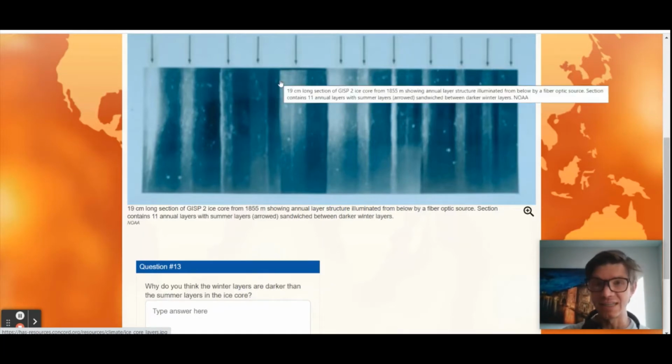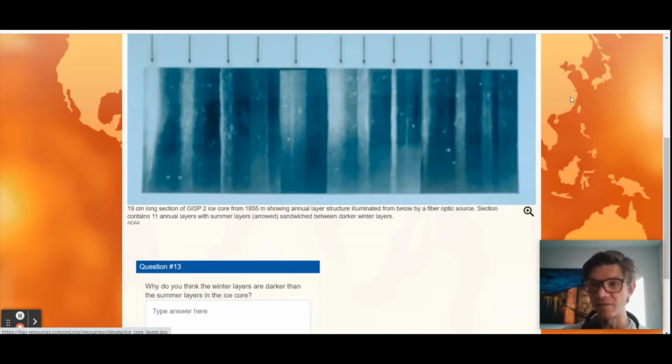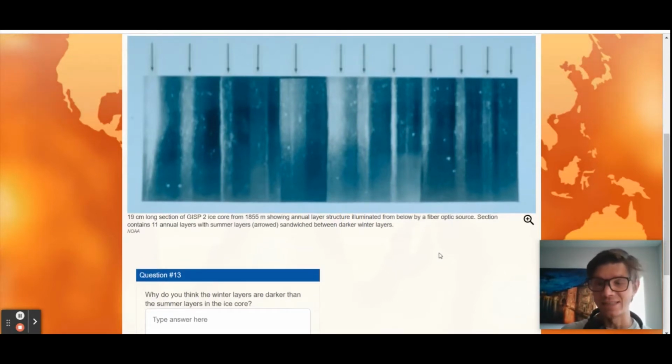So we're actually going to see high amounts of fairly clean snow falling during the summer. And in the winter, it tends to get a little bit less snowfall. And since there's a lot of dust circulating at those times, the snow that's falling seems to be a little bit dirtier, not as clean as those high amounts of precipitation that we get during the summertime.